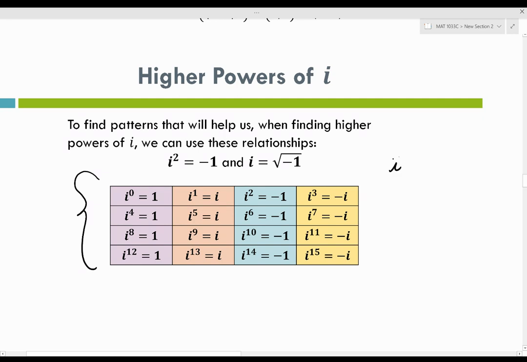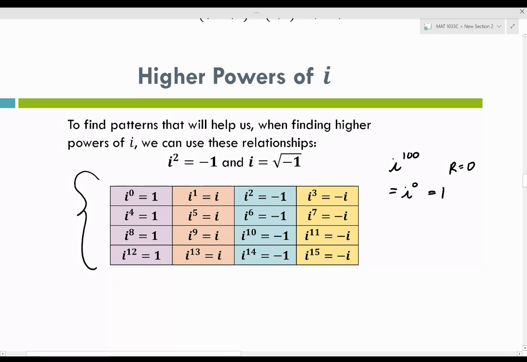For example, if we had i to the 100th power, instead of multiplying i by itself 100 times, I could ask myself, how many times does 4 go into 100, and does it leave a remainder? 100 is evenly divisible by 4, so the remainder would be 0. That means i to the 100th power is the same thing as i to the 0, which according to our table is 1.